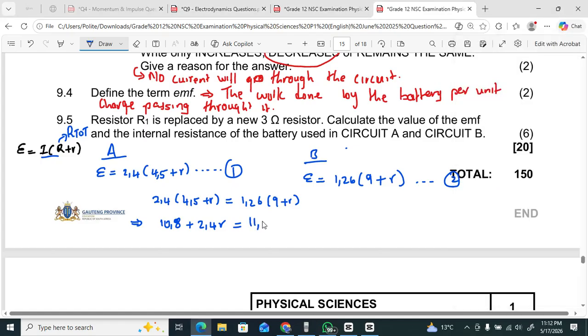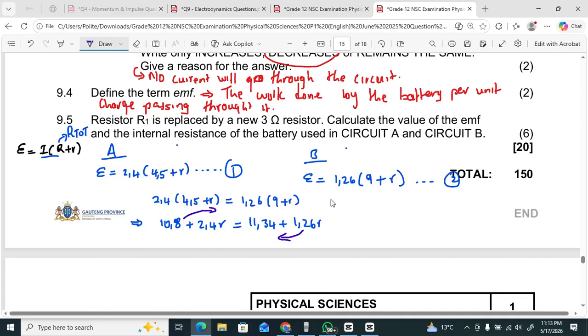So this will be 11.34 plus 1.26R. So I'm going to take this 2.4R and move it to the other side, and take the 10.8 to this side.